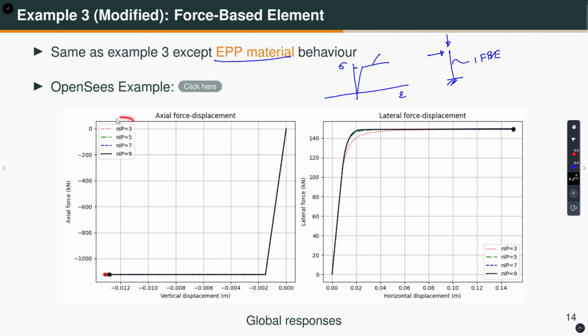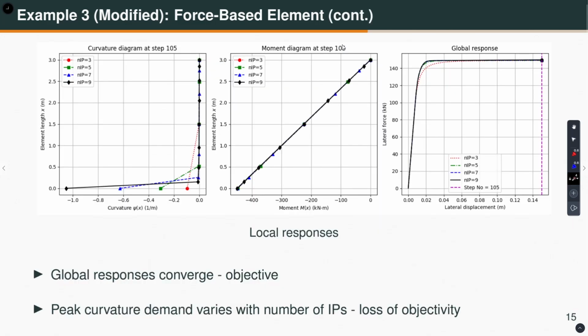As you can see, the global response, that is the axial force versus vertical displacement for the cantilever, and lateral force versus horizontal displacement, both are converging with the increasing number of integration points, even if the material is elastic perfectly plastic. Okay. What happens to the local response?